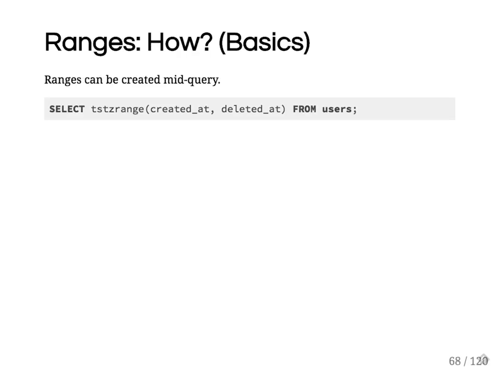I do this a lot because you may not want to migrate your database to start taking advantage of something like this, but you may have a created at and deleted at column already in a table. And so you can just create a range with a constructor, and then you can start querying on it. Anything that's null is treated as positive or negative infinity, so if your user hasn't been deleted yet, then the deletion time is considered forever from now.